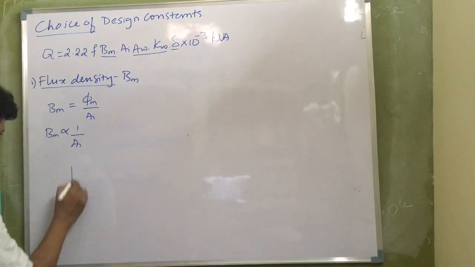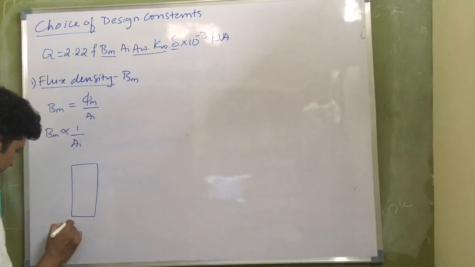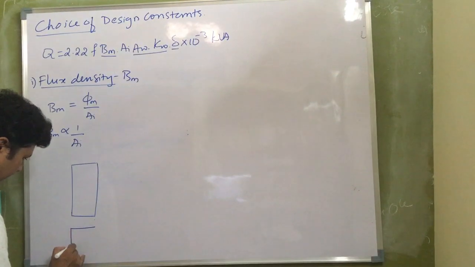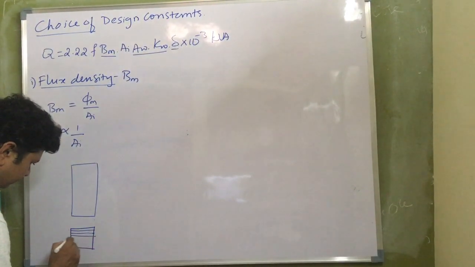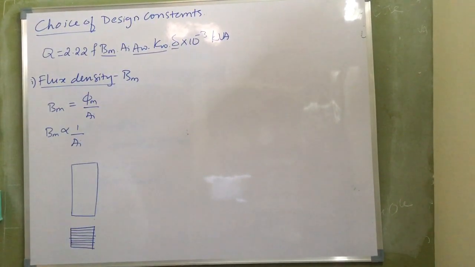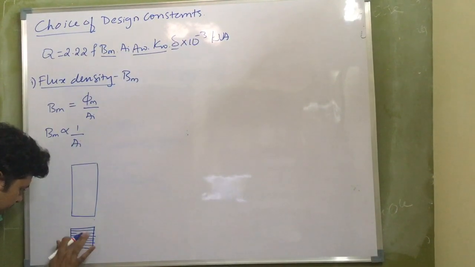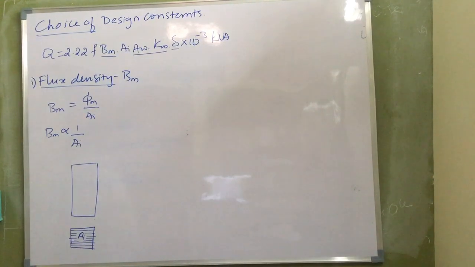If this is the core, the top view of the core, that is the area of core AI, decreases.